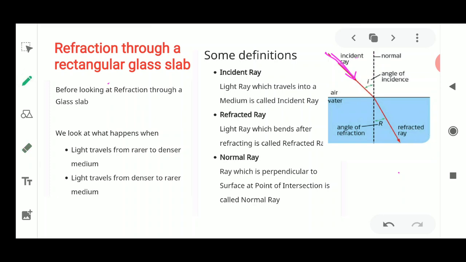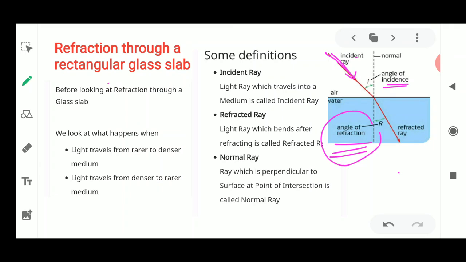Next, the angle drawn between the incident ray and the normal, as it was previously known as the angle of incidence, here also it is going to be known by the same name, angle of incidence. And what about the angle of refraction? The angle of refraction is similar to the angle of reflection from the previous classes. There it was the angle of reflection, and now just the name changes because we are studying the bending of light, that is refraction.